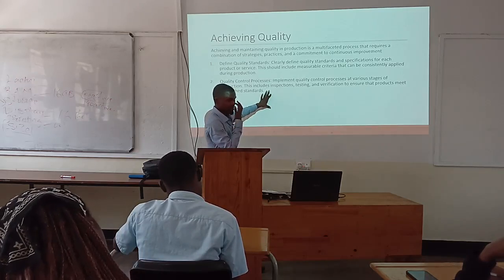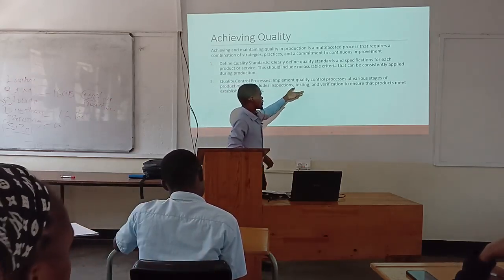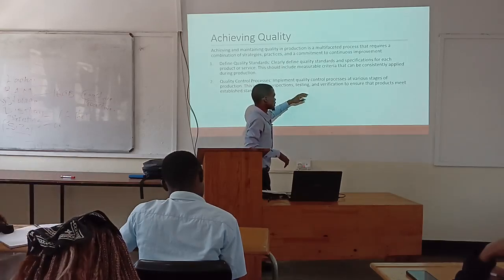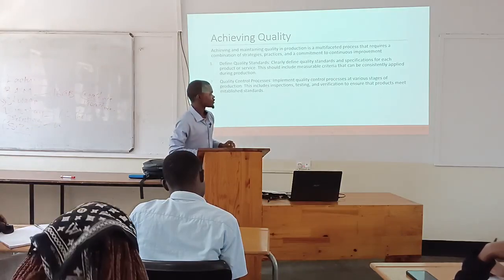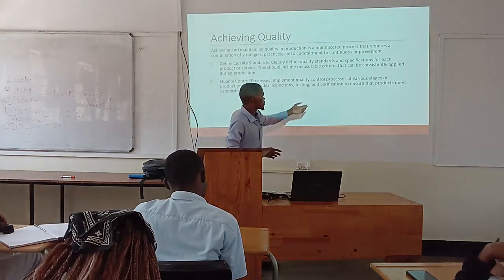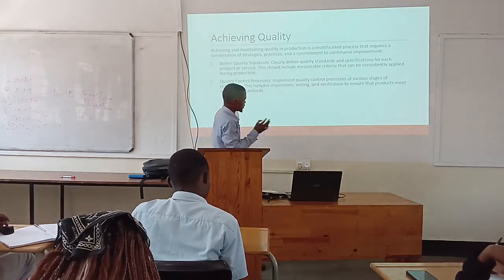So we are saying apart from inspection, which is the physical checking of the product, organizations can also go through what we call testing. So this is subjecting the product to certain conditions in order to prove if it meets the required standard.